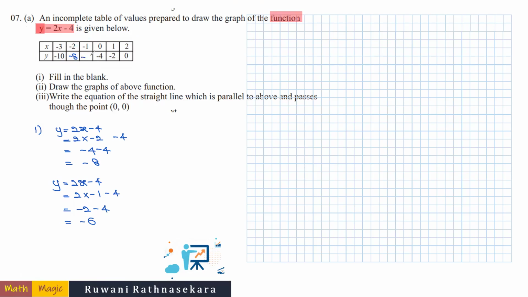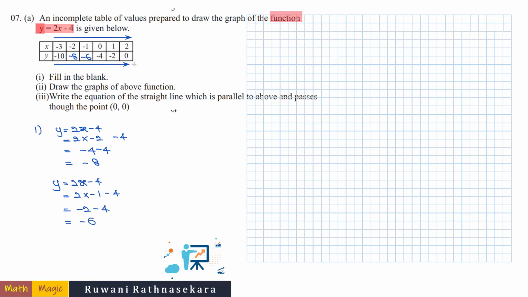Minus 8, minus 6. Then you can see that x is usually introduced gradually, in order: minus 3, minus 2, minus 1, 0, 1, 2. And when you consider y, you can see that it's in a pattern: minus 10, minus 8, minus 6, minus 4, minus 2, and 0. An increment of 2. It's a number pattern.